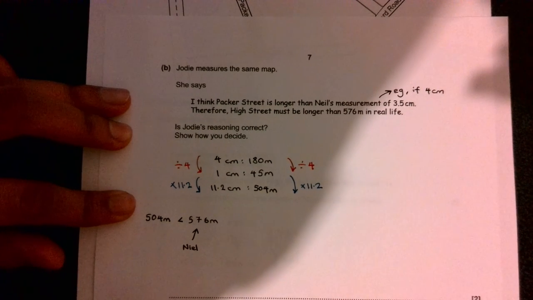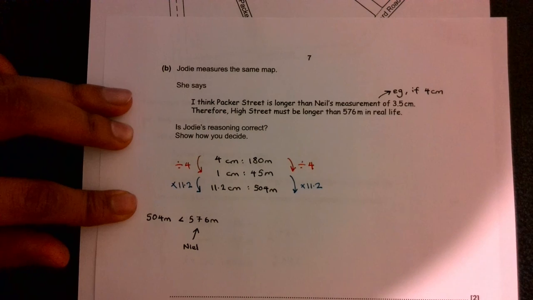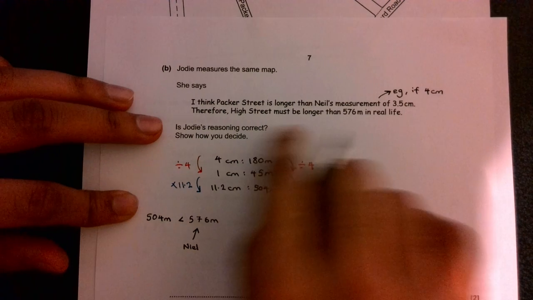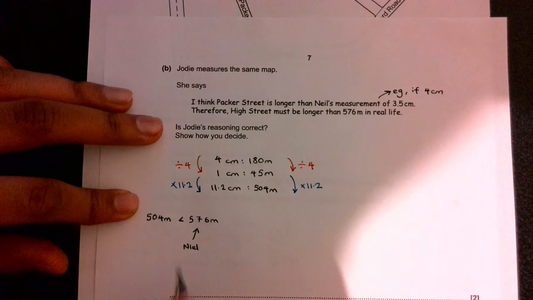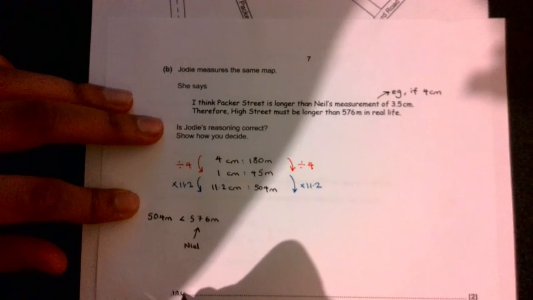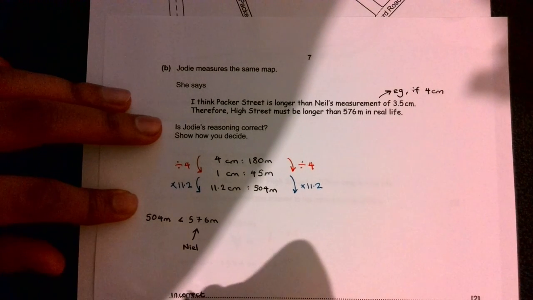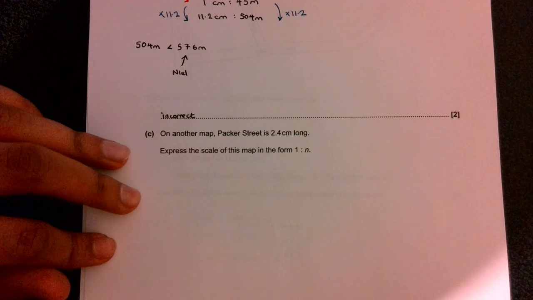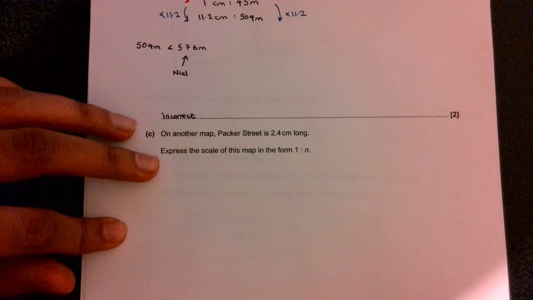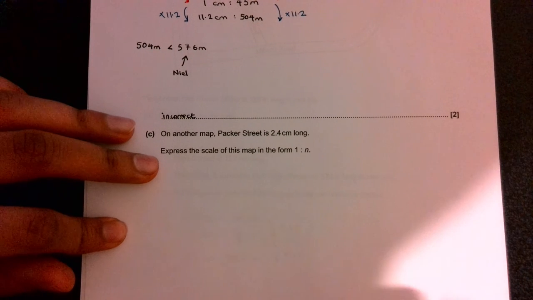Okay. And therefore we can conclude, well, she's saying that the road must be longer than this 576. We found that it's shorter, so therefore she's incorrect. And now for part C. On another map, Parker Street is 2.4 centimeters long. We have to express the scale of this map in the form 1 to n.